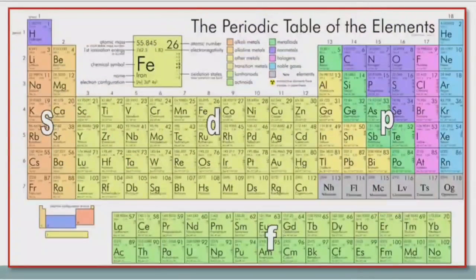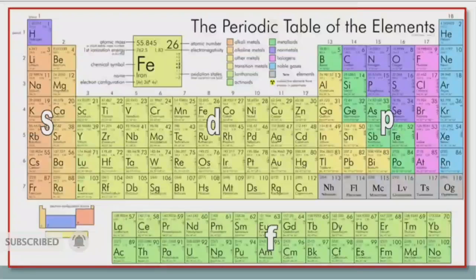Here we can see the modern periodic table. In that, first group and second group elements are the s block elements. 13th group to 18th group elements are the p block elements. Third group to 12th group are the d block elements. And at the bottom we can see lanthanoids and actinoids, commonly called f block elements.